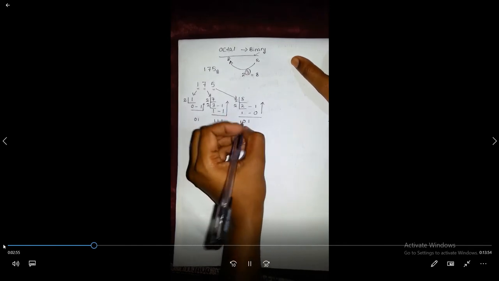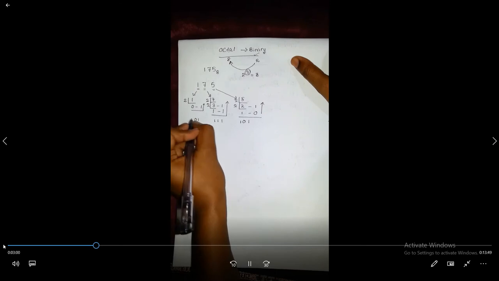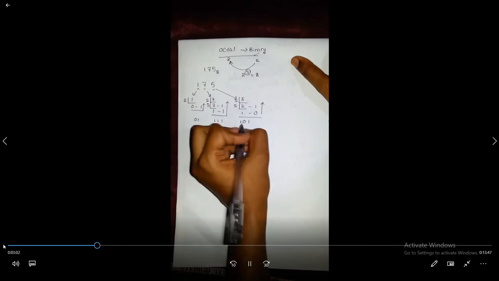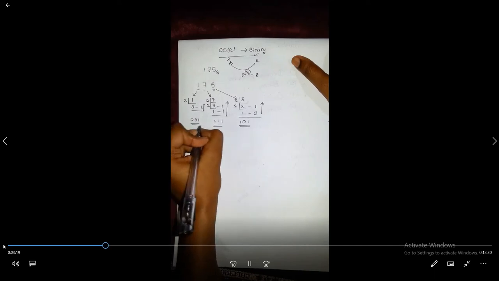So once we get all these things, I have to represent them with 3 digits. Here I have 3 digits. Here I have 3 digits. If I don't have 3 digits, I have to put zeros in front and make it 3 digits. So here I have only 2 digits, therefore I put a 0 here. No change to the value.